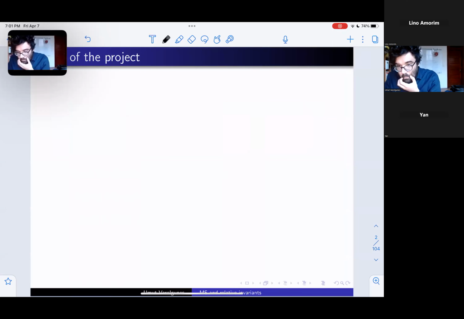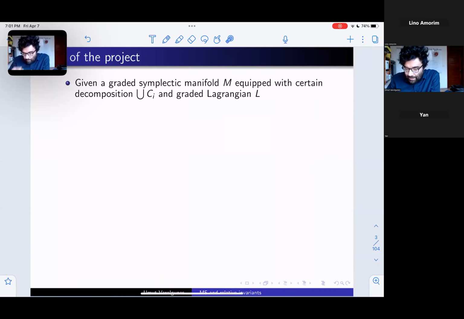Okay, so I want to just start by very briefly saying what are the boundaries of this project. It's going to be vague, but I will make this less vague soon. So what I want to do is mirror symmetry, but I'm a symplectic geometer. I want to do it from a symplectic perspective.